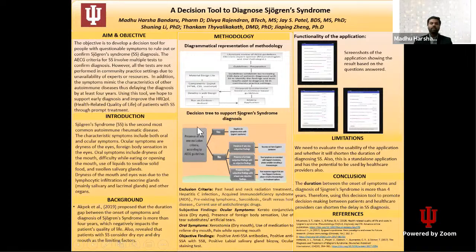So if a patient has conditions with symptoms similar to Sjogren's, then the patient can be excluded by this decision tree. After answering the exclusion criteria questions, the actual questionnaire follows, which includes the information about the subjective findings and the objective evidence.